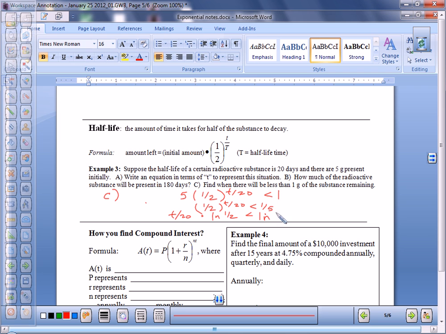Well, the natural log of 1/2, remember natural log is base e, and e is 2.7. So the natural log of 1/2 is actually negative. So when I divide by that negative right now, what does it do to the inequality? Switches it. So that becomes natural log of 1/5, which is 0.2, divided by natural log of 1/2, which is 0.5.